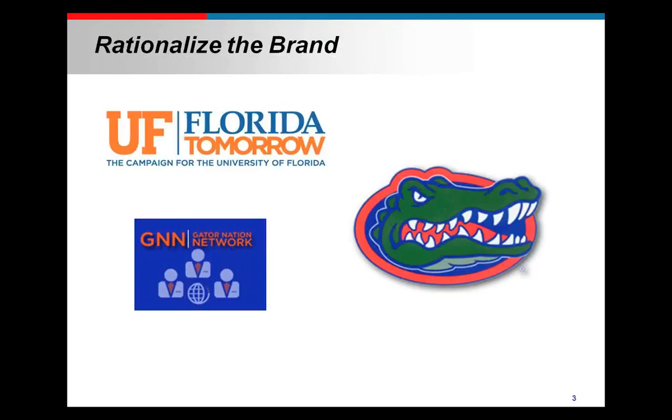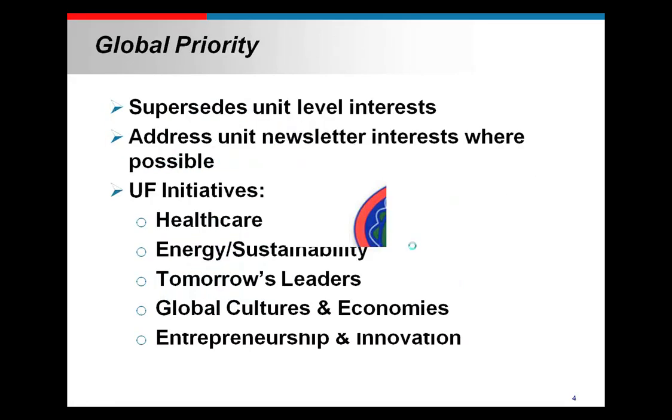So the first thing we did, of course, was rationalize our brand. We're currently in the Florida Tomorrow campaign, which is rapidly coming to a close. So I'm sure we're going to be going through some of this again soon, but just to give an idea, we are the Gators. You can see our beautiful logo here, and this is our brand. Then our team decided that they needed to focus on a global priority.